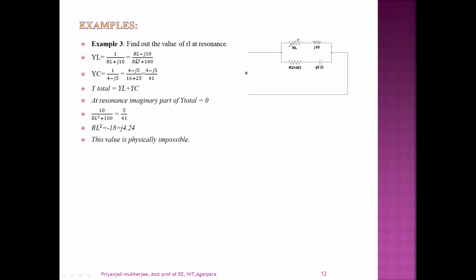And the total Y is equal to the summation of YL plus YC. Now at resonating condition, the imaginary part becomes 0. So we are taking the imaginary part equal to 0. We can solve this equation, and from this we can find out RL is 4.24, but this value is not physically possible.